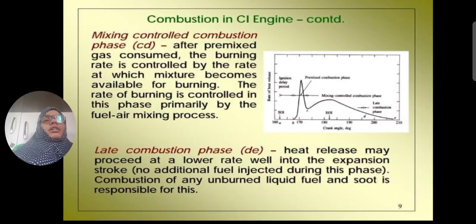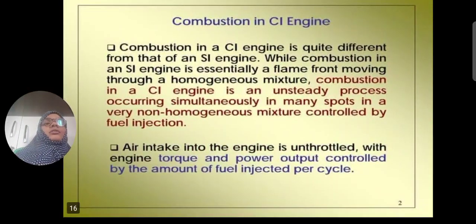The rate of burning is controlled in this phase primarily by the fuel-air mixing process. Late combustion phase: heat release may proceed at a lower rate well into the expansion stroke. No additional fuel is injected during this phase. Combustion of any unburned liquid fuel and soot is responsible for this.